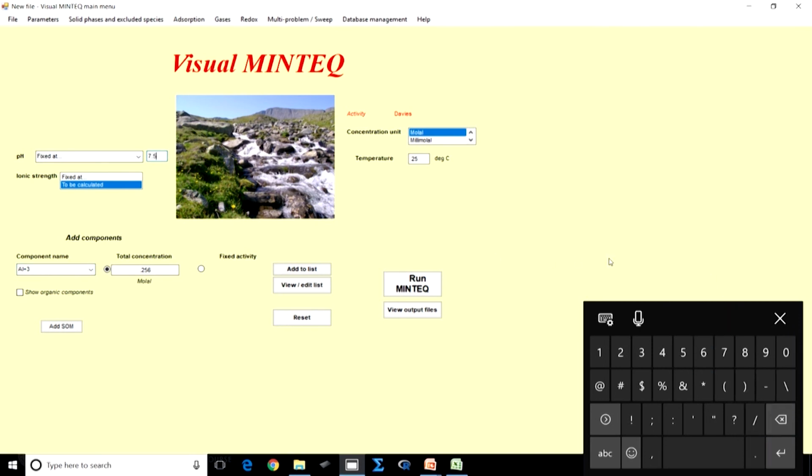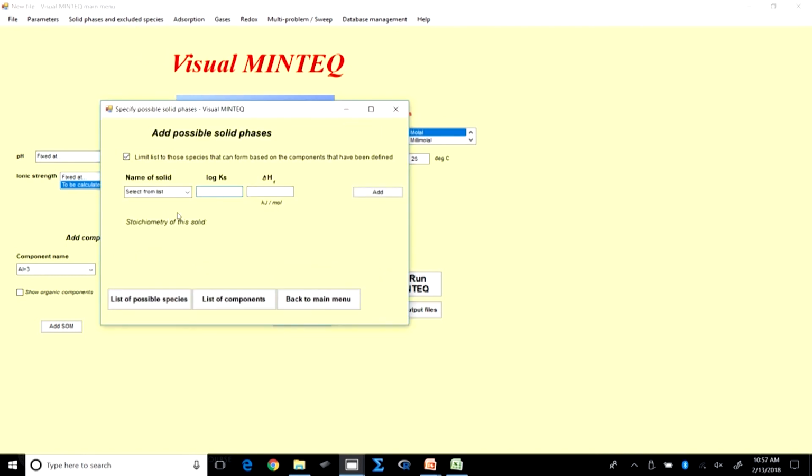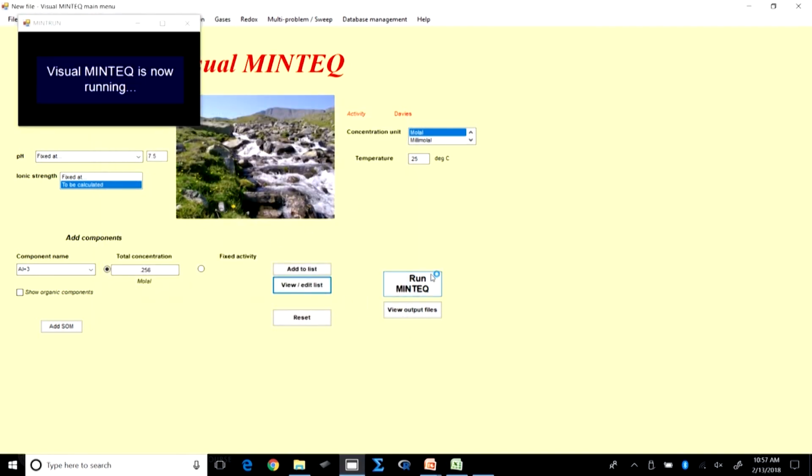And let me see if that itself can give me the answer. So this specifies solid phases, and again I need to choose Al(OH)3, the amorphous form, and add that, back to main menu and run MINTEQ.